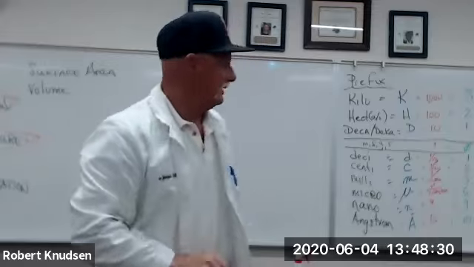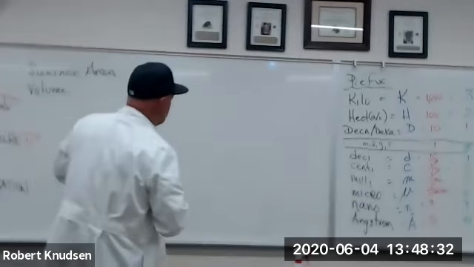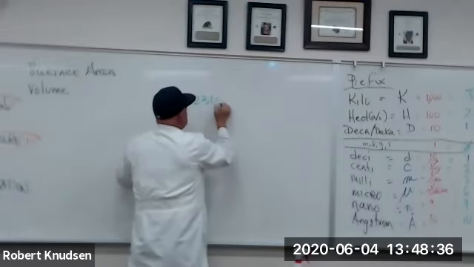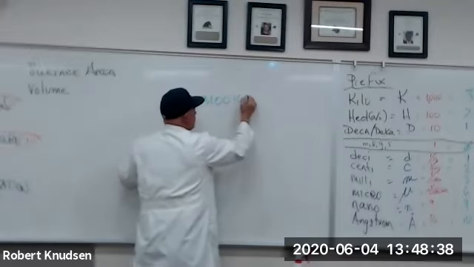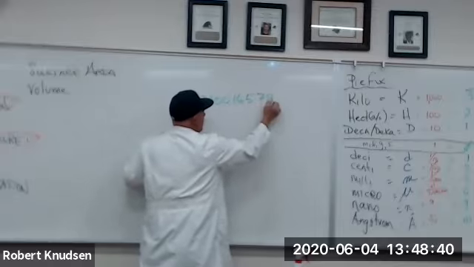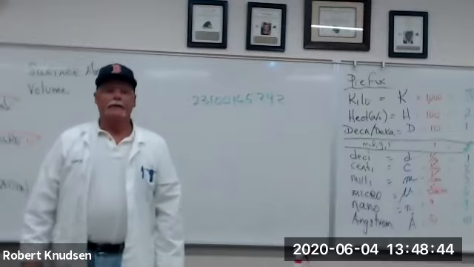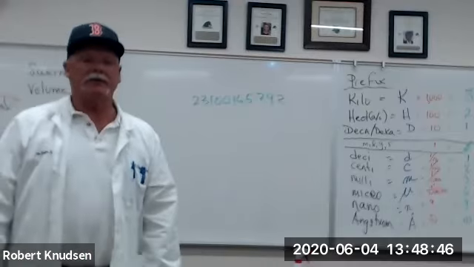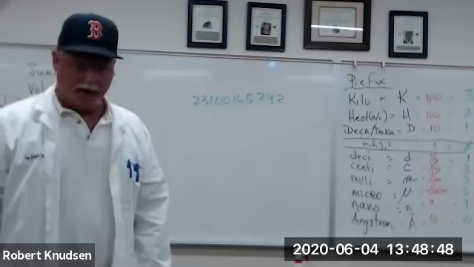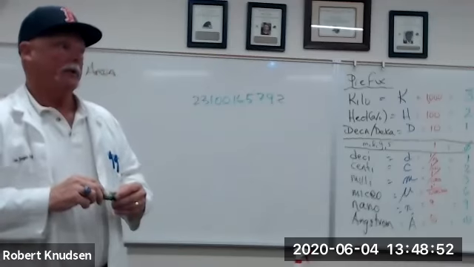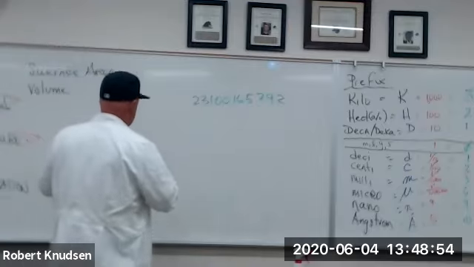Okay, let's do that. Here's a big number. 23100165792. That's a big number. Can I put that number in scientific notation? I sure can. Okay, then what is the form for scientific notation?